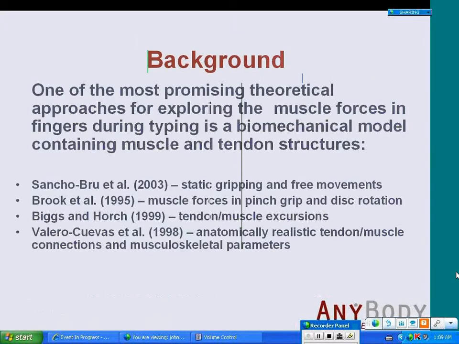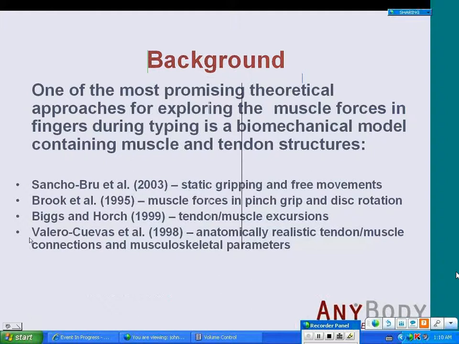One of the most promising theoretical approaches for exploring musculoskeletal injury in the finger during typing is to develop a theoretical biomechanical model. Such a model should contain muscles, tendons, and at least some detailed finger structure. In the literature, there are several models developed.